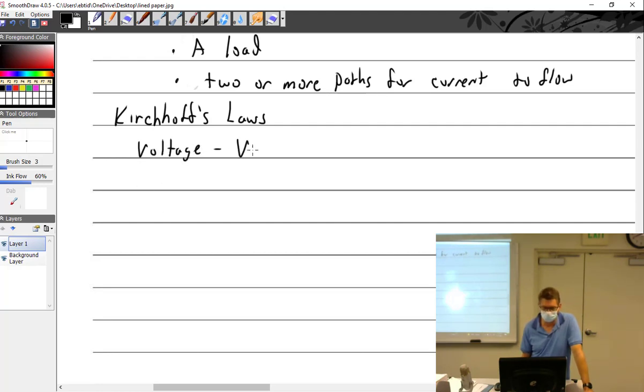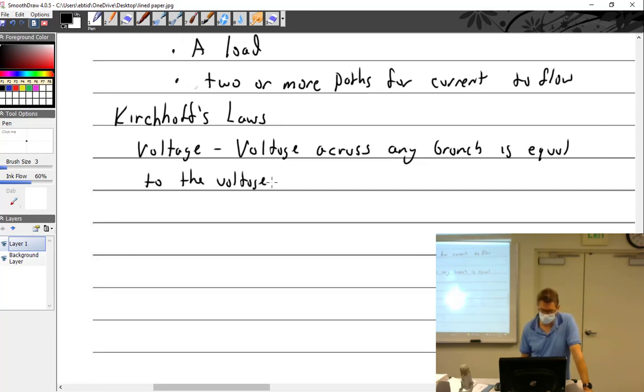He says the voltage across any branch is equal to the voltage across all of the other branches.